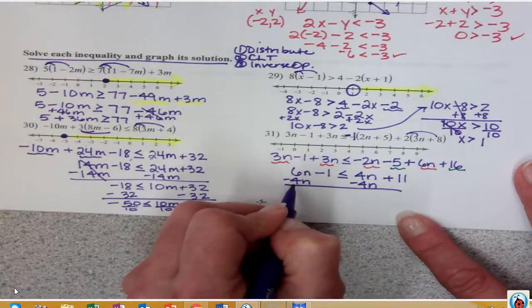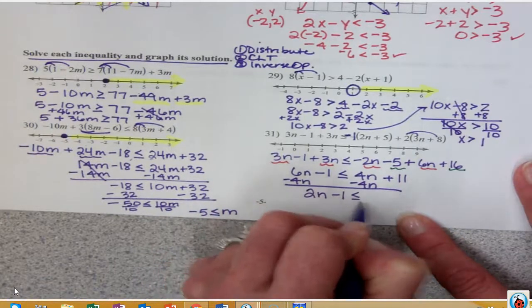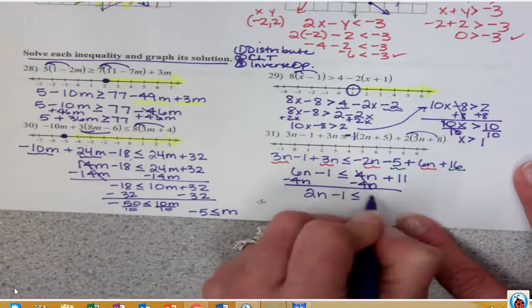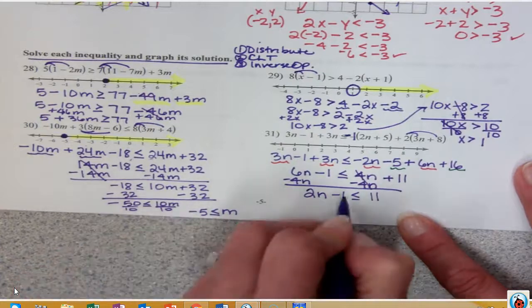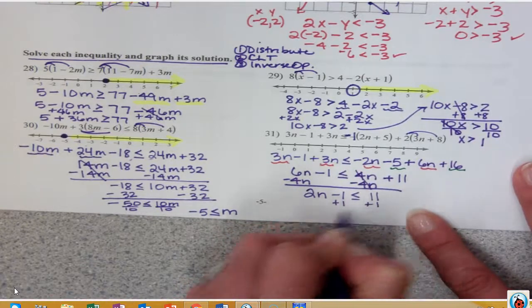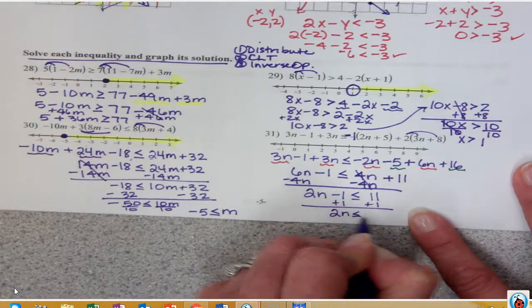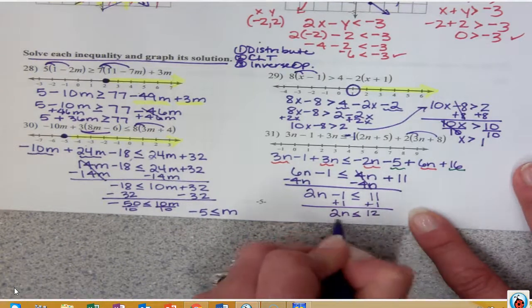So 6n minus 4n is 2n minus 1 less than or equal to 11. Then I'm subtracting here, so my inverse operation is adding. And I get 2n less than or equal to 12.